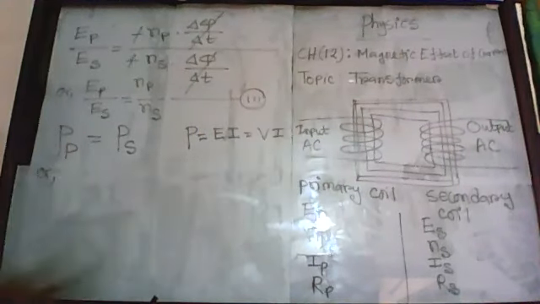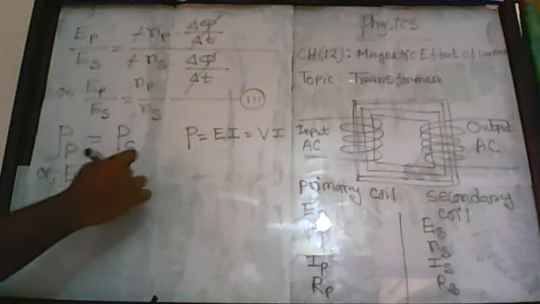Because you know that in my last lectures you saw that electric power P will equal V into I. Since electrical power P equals V into I, then obviously primary power P will equal secondary power P. The primary power is the product of the primary electromotive force with the primary current.